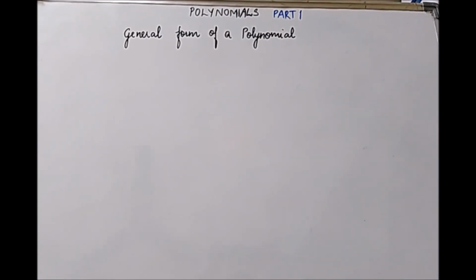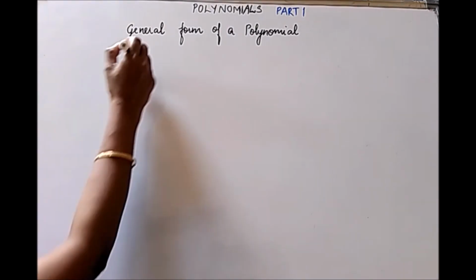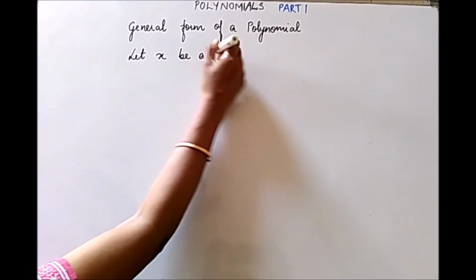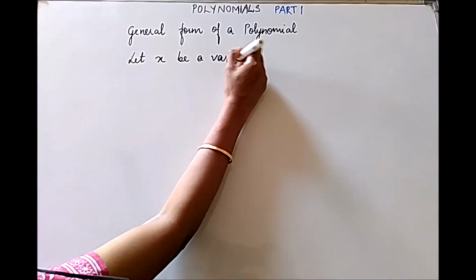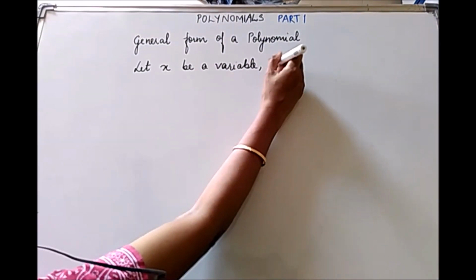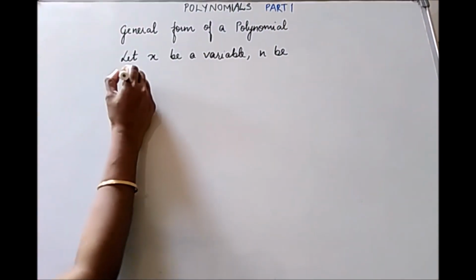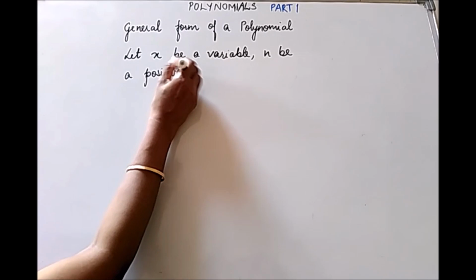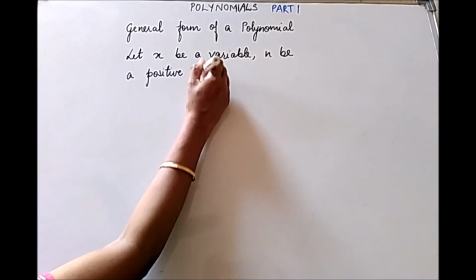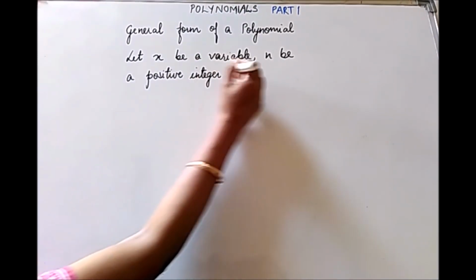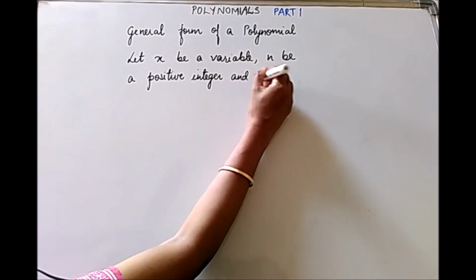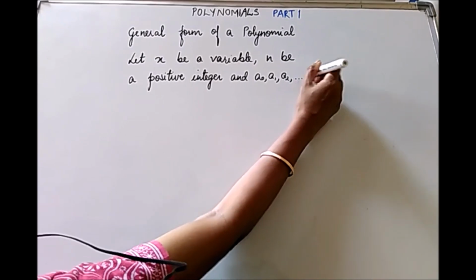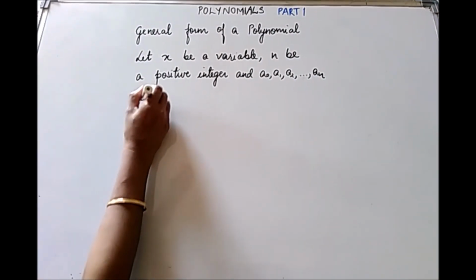Let us understand the general form of a polynomial. Here, let x be a variable, n be a positive integer, and a0, a1, a2 up to an be constants.